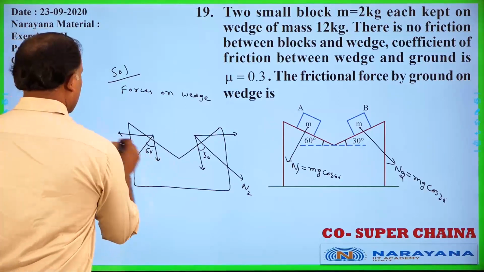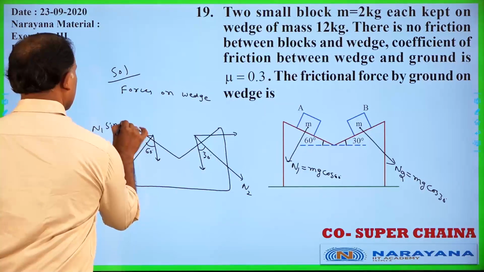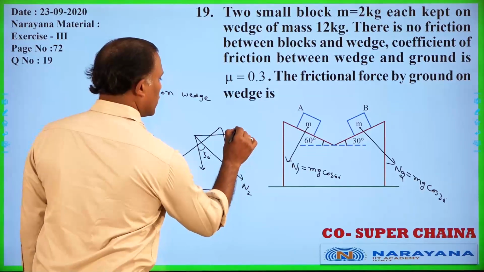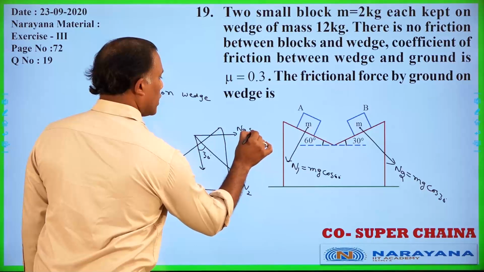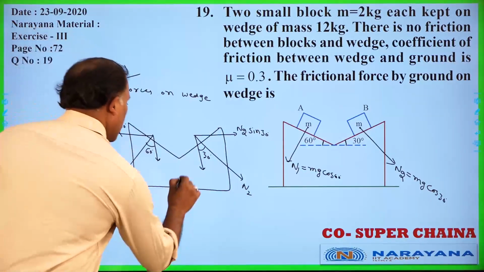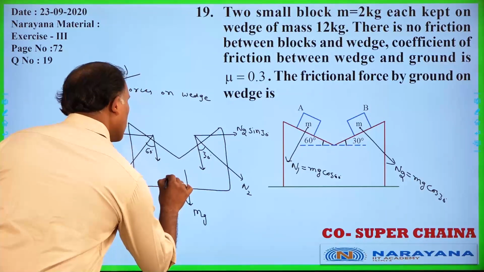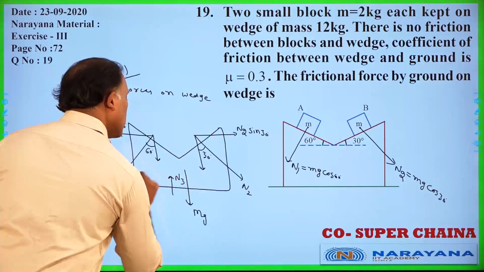Now N1 cos 60, N1 sin 60, and N2 sin 30, N2 cos 30. Its weight is mg downward, and from the ground the normal reaction N3 upward.